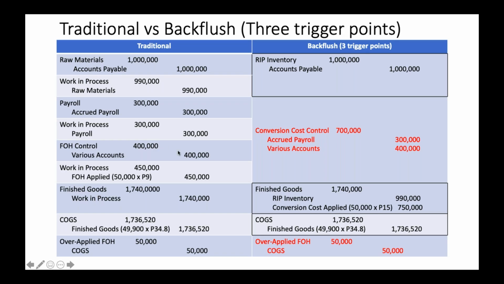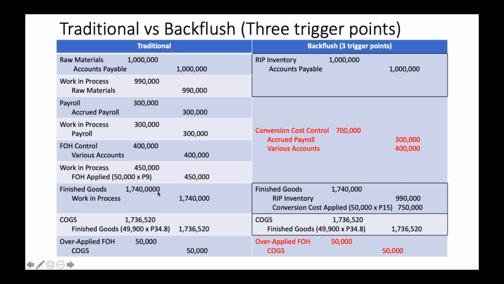And then the applied factory overhead is debit work in process, credit factory overhead, 450,000. I think you now understand where we get the 50,000 actual units produced and the 9 pesos applied factory overhead, as I explained a while ago on the givens of the example.